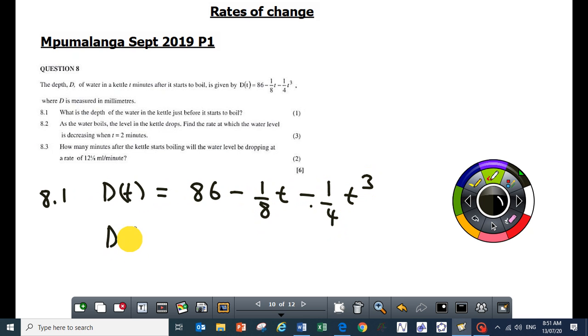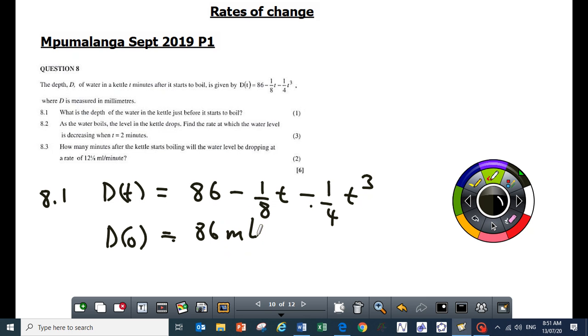So you want D(0), before it starts boiling. So if you substitute, you get 86 minus 0, it's just 1 mark, so I just write 86 milliliters. You just substitute t equal to 0. So you get, it's 1 mark, so we'll just write the answer again.